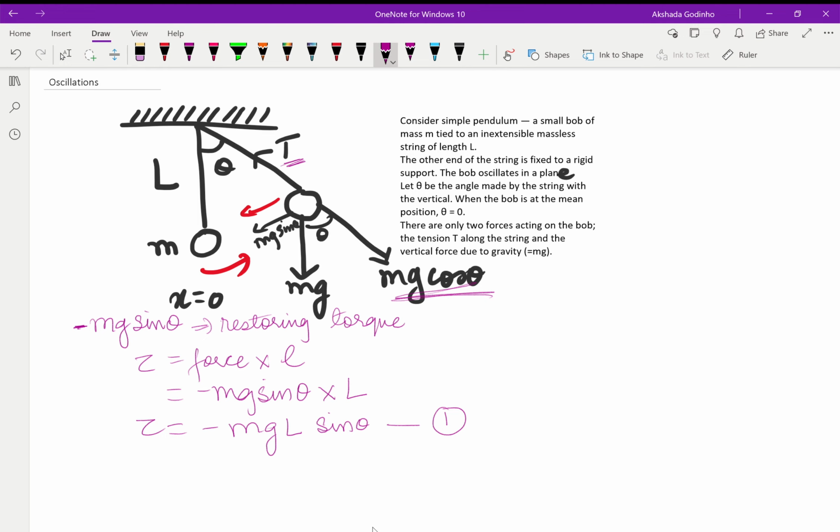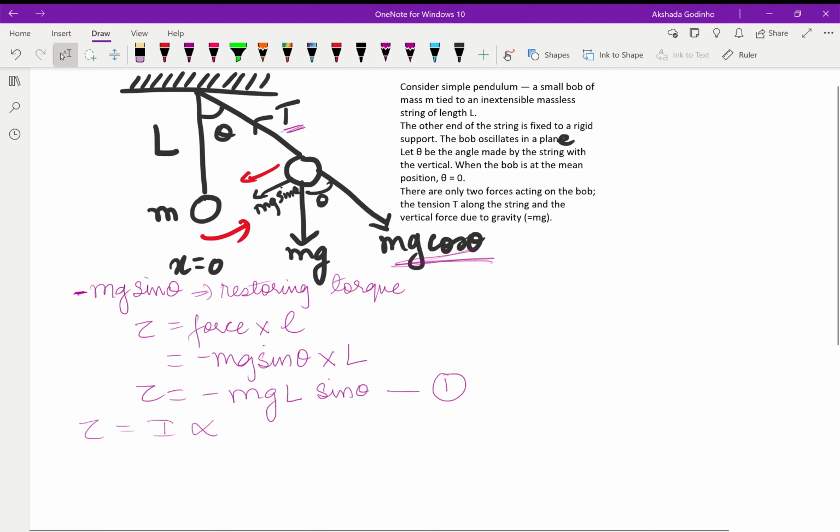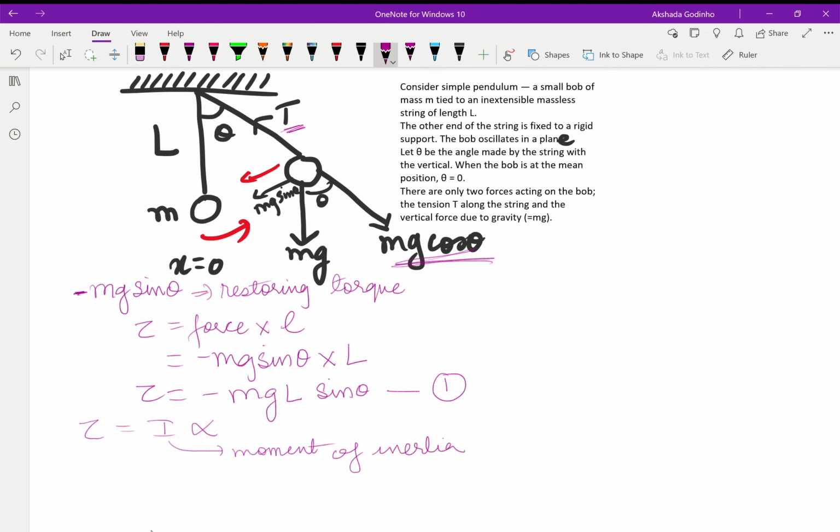Once you get this equation, you have to understand that now we have to look at how the torque is being applied, because it is also a rotational motion that's playing its part here. So in that essence, we know that torque is I alpha, where I is our moment of inertia, and alpha is angular acceleration.